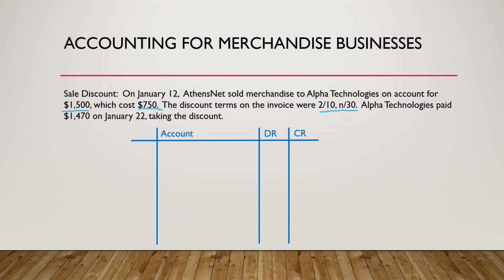Alpha Technologies paid $1,470 on January 22nd, taking the discount. Another credit sale, so debit accounts receivable and credit sales revenue for the gross amount of $1,500. Next, expense the inventory as in the previous example.